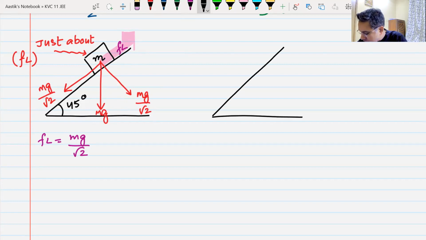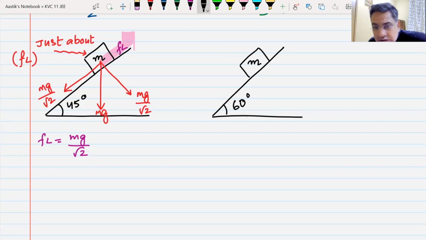Last case. A 60-degree angle has been made. M is there. Again, the same question. Sir, kinetic friction. Now the body is definitely in motion.